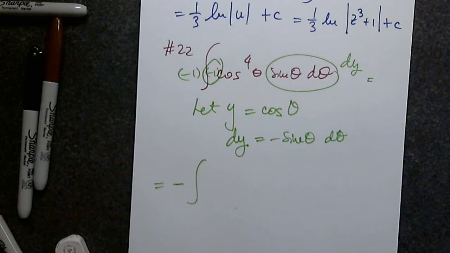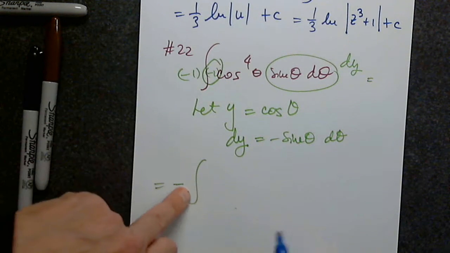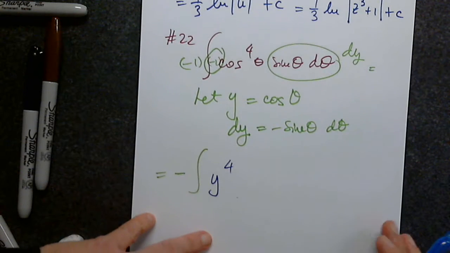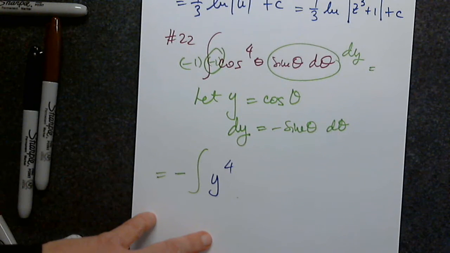And now remember, once we moved from theta to y, there is no more theta. So what do I write? Y to the 4th. That's okay. U or y is the same thing. If you use u, don't change to y.